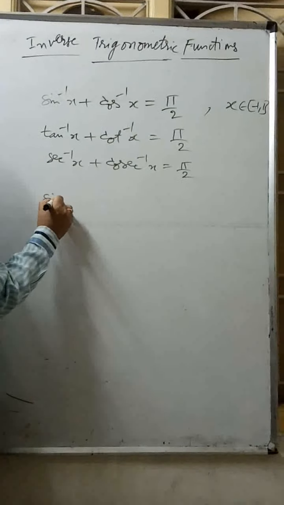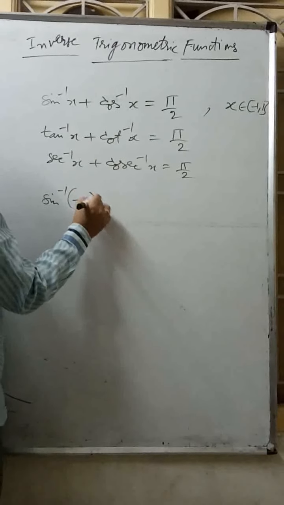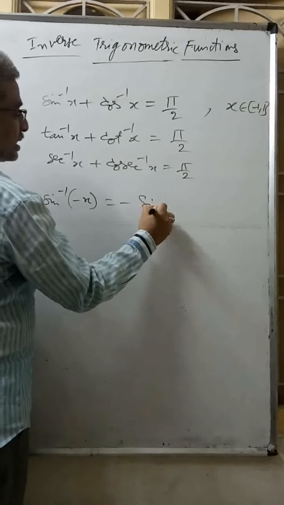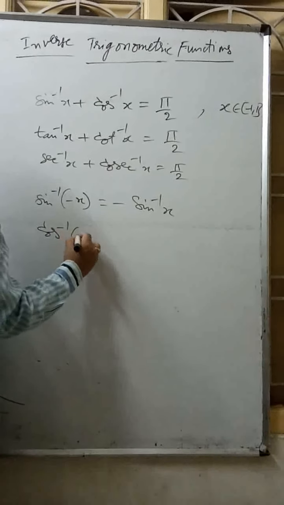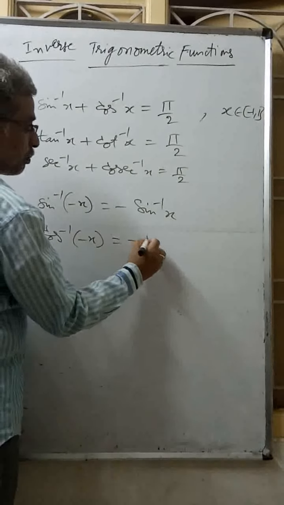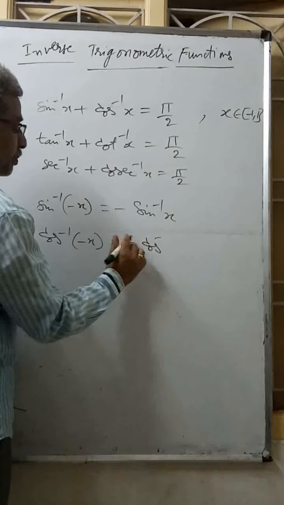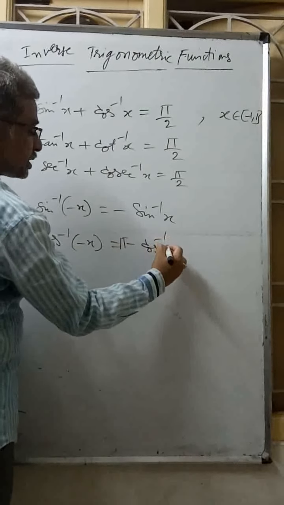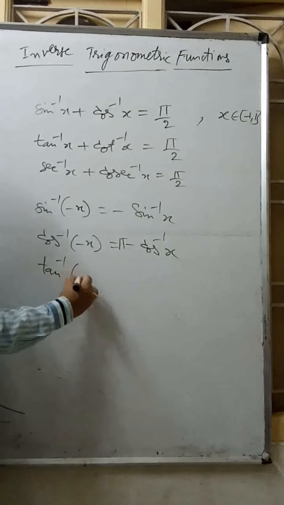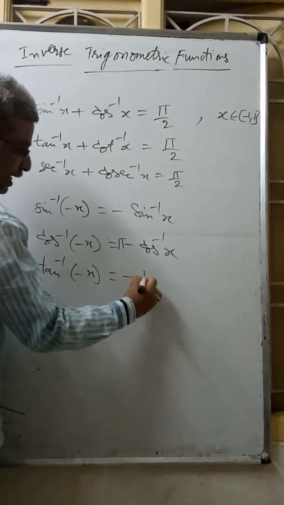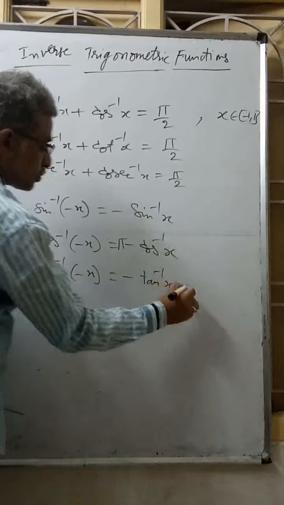Next, sine inverse of minus x equals minus sine inverse x. Cos inverse of minus x equals pi minus cos inverse x. Tan inverse of minus x equals minus tan inverse x.